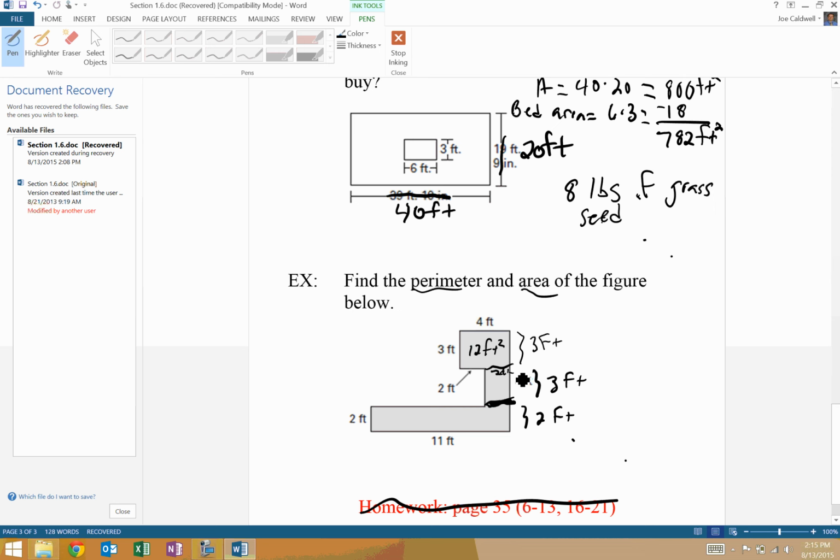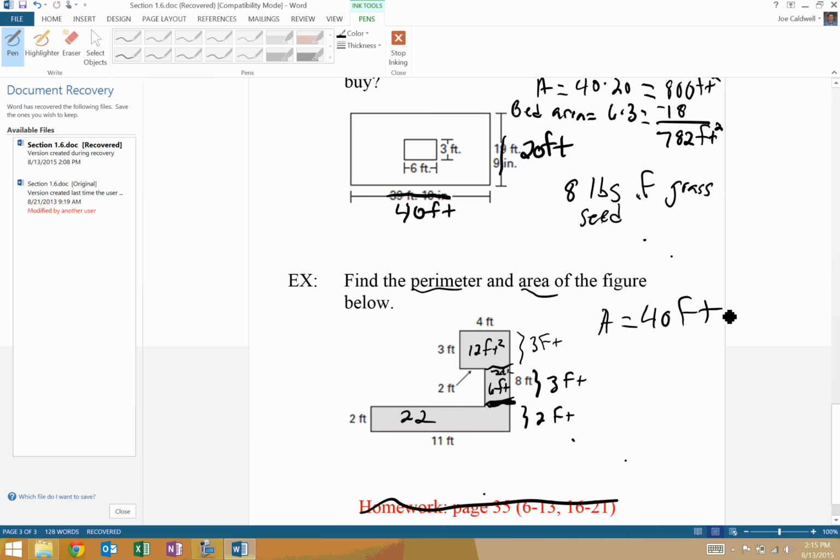So this is going to be 2 times 3, which is 6 feet. And this is going to be 2 times 11, which is 22. And so in total, add it all up, my area is 12 plus 6, which is 18, plus 22 is 40 feet squared.